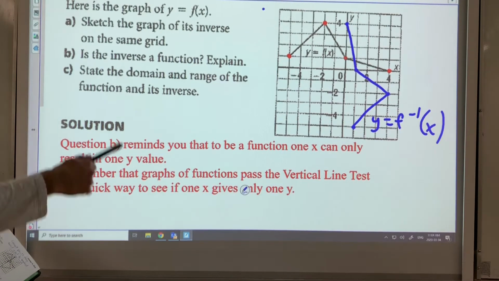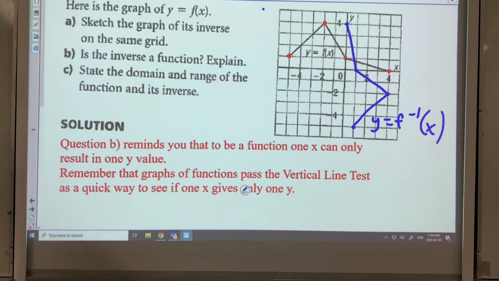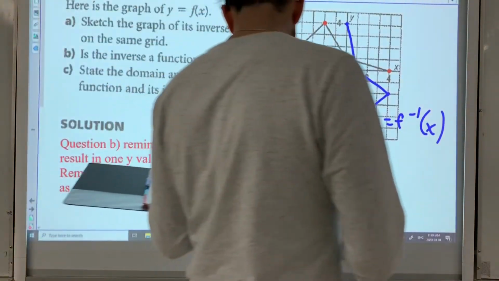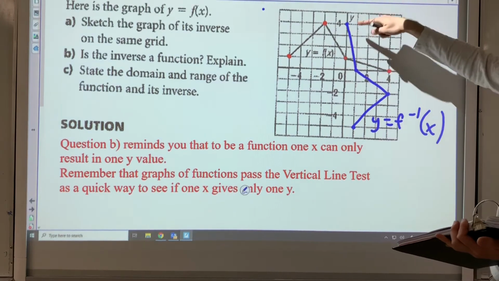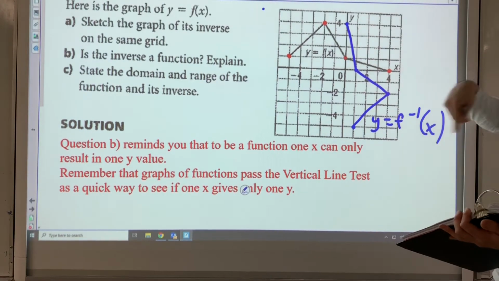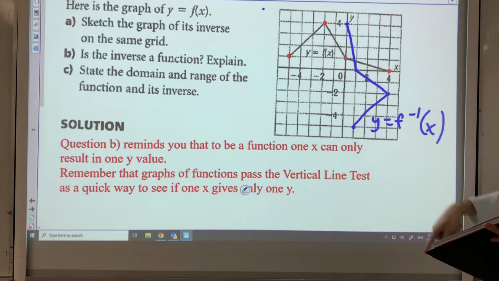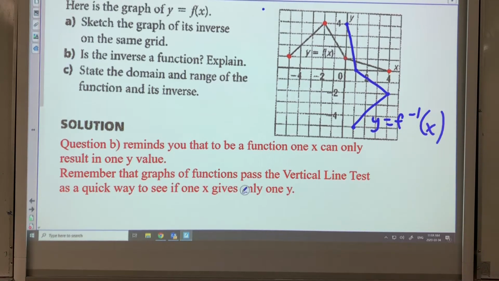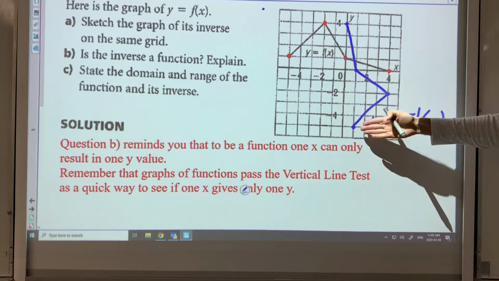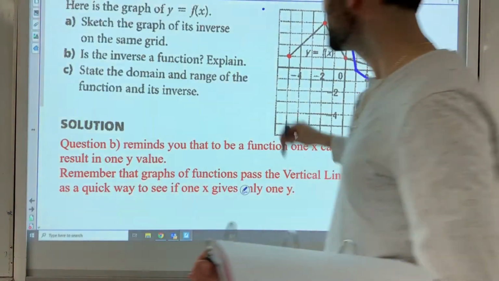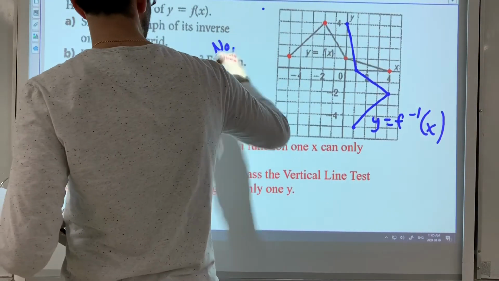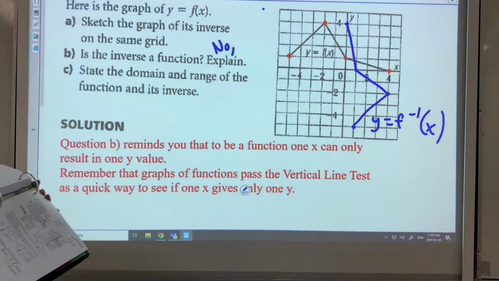You've got to pass the vertical line test. Remember, that means that you can draw a vertical line and you only hit the graph in one spot. So is there a place where this clearly does not pass that test? Yeah, right here at x equals 1, you got two values for x equals 1. You got 0 and negative 5. So is it a function? No. And you just say because it does not pass the vertical line test.